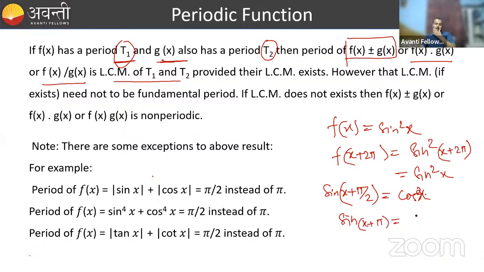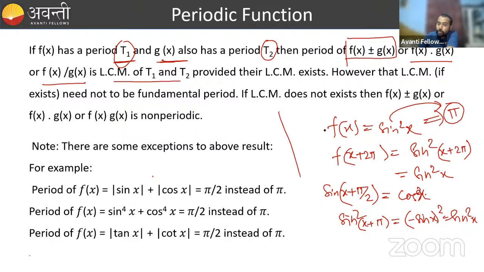Sine of pi plus x comes to the third quadrant, where sine is negative. So you are getting minus sine of x. When we are squaring it, we'll get positive. So you are getting sine square x. So pi is the period of this function sine square x. So sine square x is pi periodic.